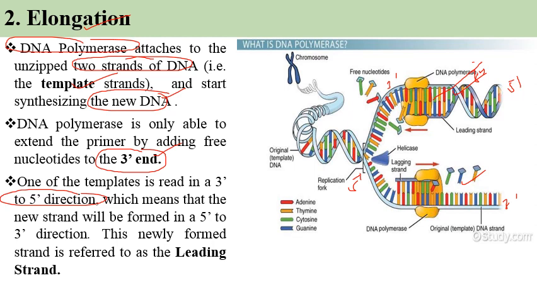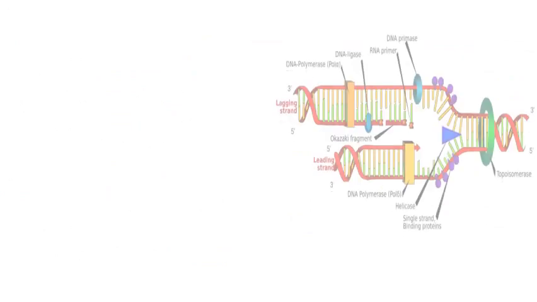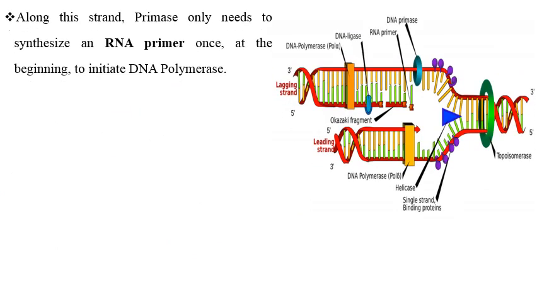This newly formed strand is referred to as leading strand. जो 5' to 3' डायरेक्शन में नया स्ट्रैंड बन रहा है, दिस इज फॉर्म्ड कॉन्टिन्यूसली और इसे कहा जाता है लीडिंग स्ट्रैंड. Along this strand, primase only needs to synthesize an RNA primer once at the beginning to initiate DNA polymerase activity.